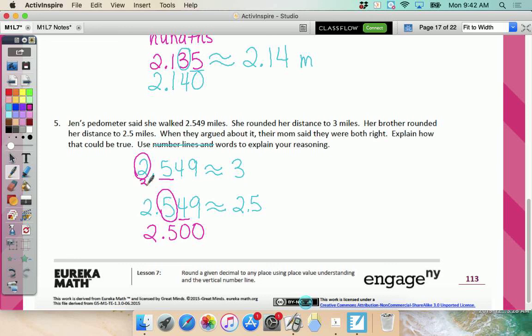And if I did this one, it would be add 1, correct? Okay. So how can we answer this using words? Adam, how can we answer this using words? They are both right because? Morgan, what do you think? They're both right. They just rounded in different places. That's right. So I'm just going to put they rounded to different place values.